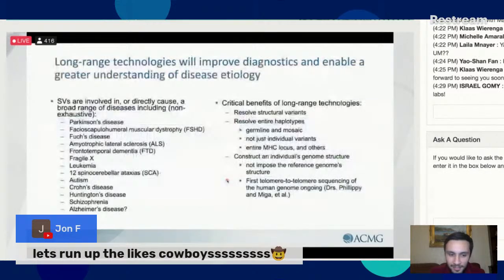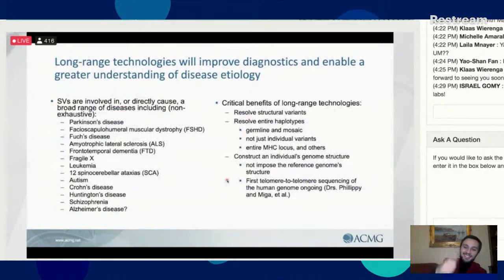Really, long-range technologies are going to improve diagnostics, and they're going to enable us to have a greater understanding of disease etiology. And I just want to emphasize that not only are we able to get small mutations with these technologies, we can also get structural variants, which are critical.